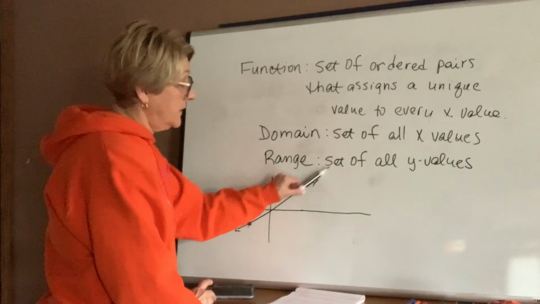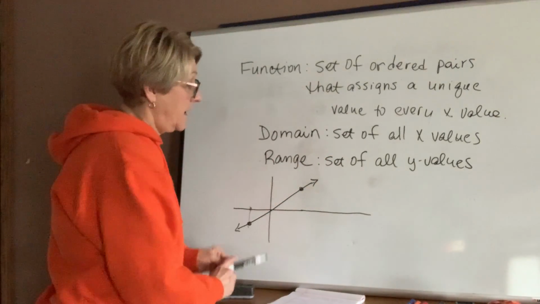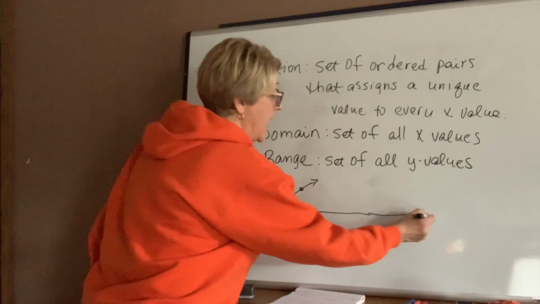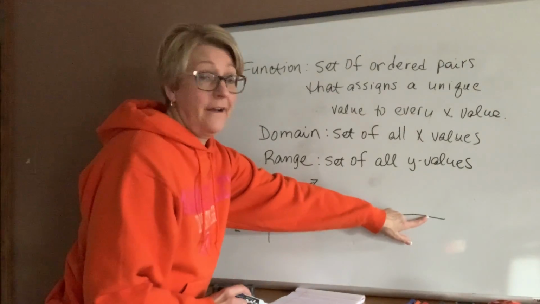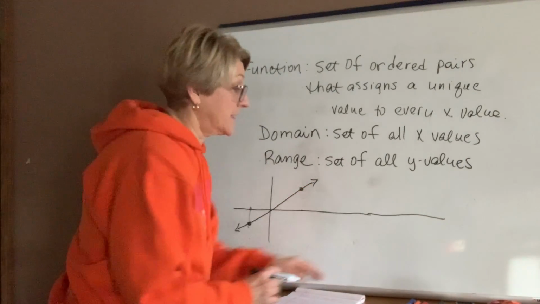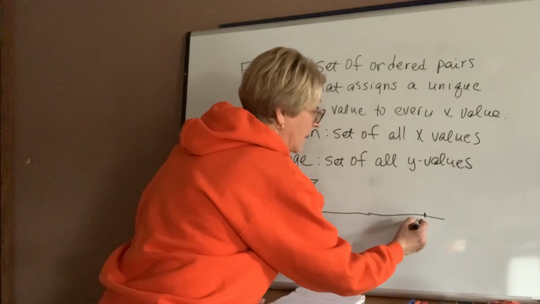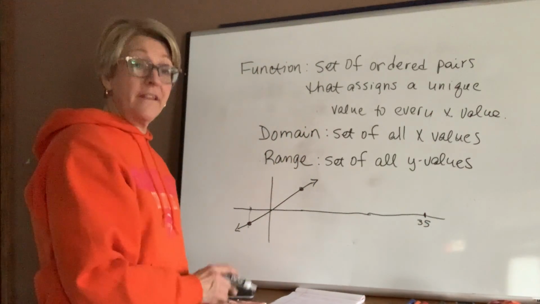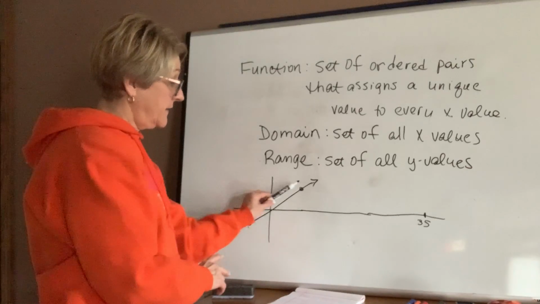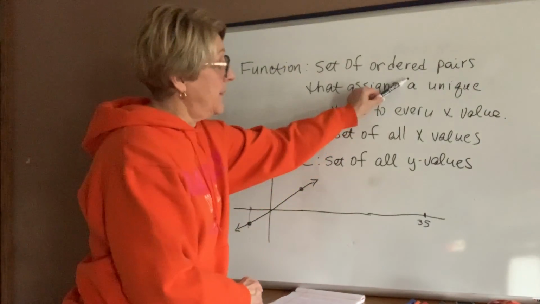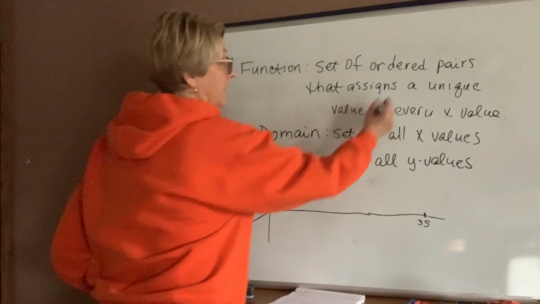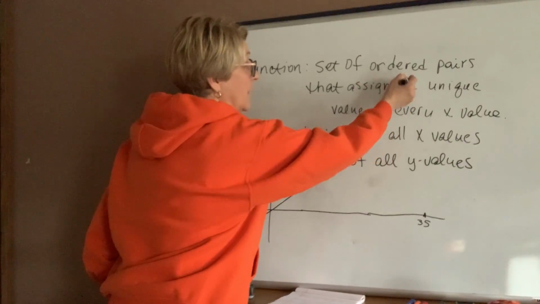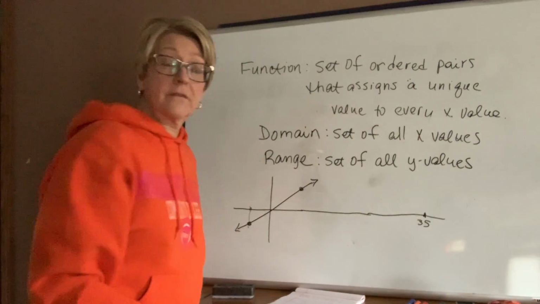The line continues. And so somewhere way out here, all right, let's make a stretch here, where x is maybe 35, where the x-coordinate is 35, there is a point on this line. It's way up here where the x-coordinate is 35.